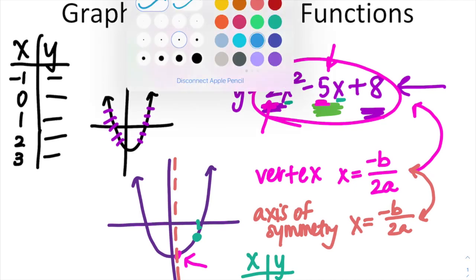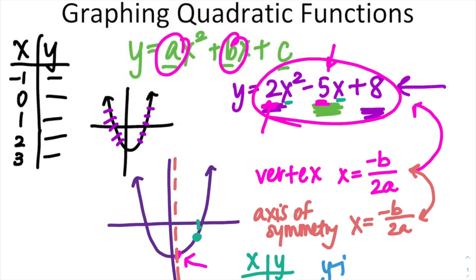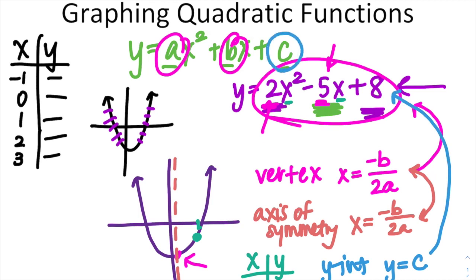A new item that you'll find is the y-intercept. The y-intercept is actually whatever c is. C is your y-intercept. So in this particular case, 8 would be the y-intercept. So I would know where it would be graphed.